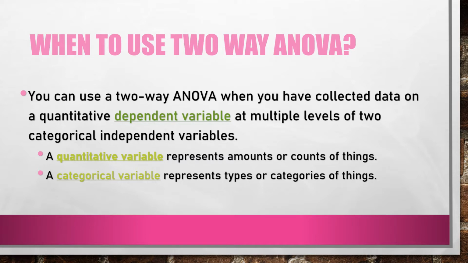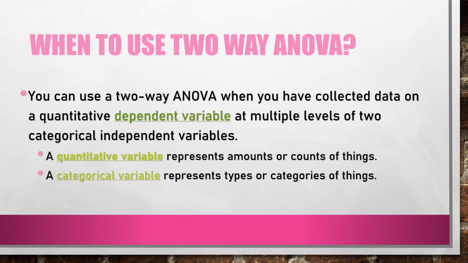So when are we going to use two-way ANOVA? You can use a two-way ANOVA when you have collected data on a quantitative dependent variable at multiple levels of two categorical independent variables.